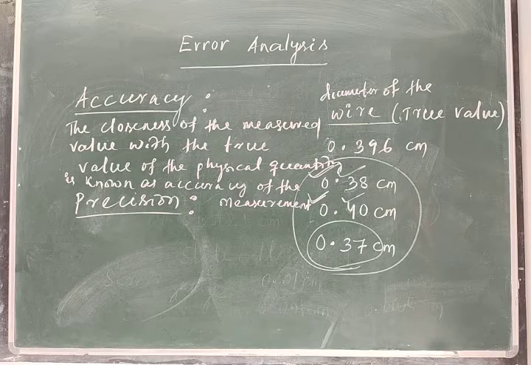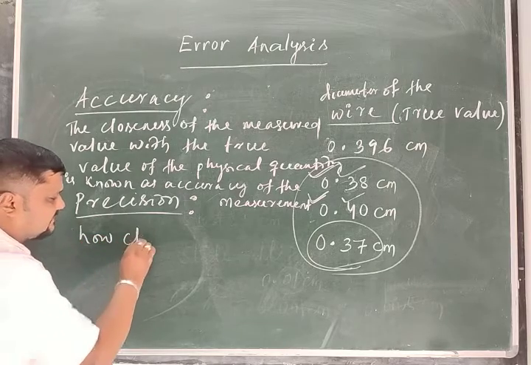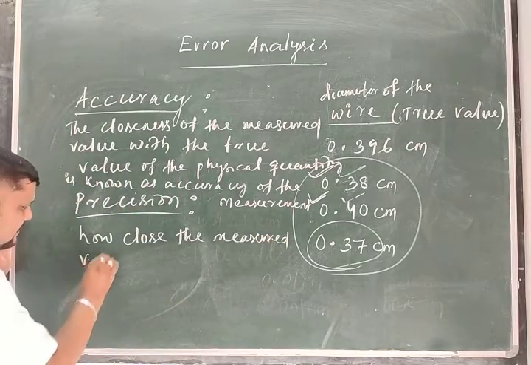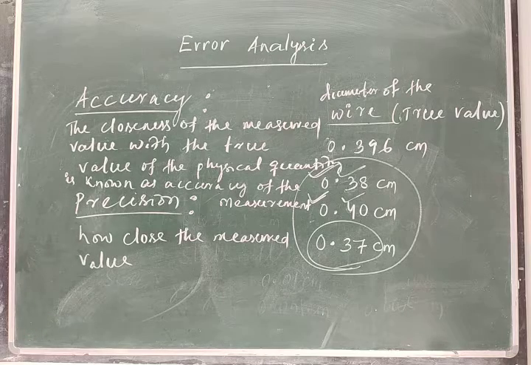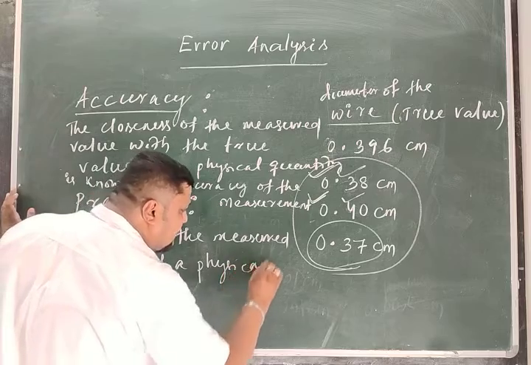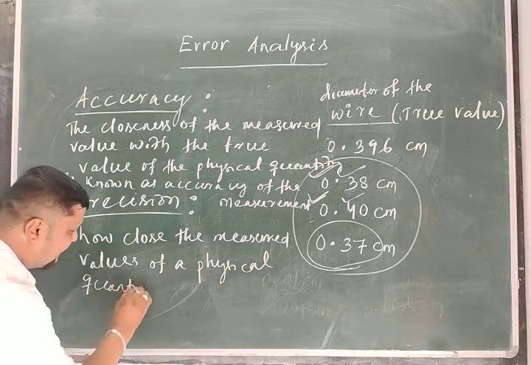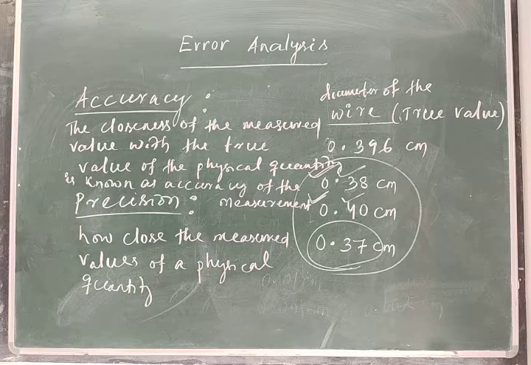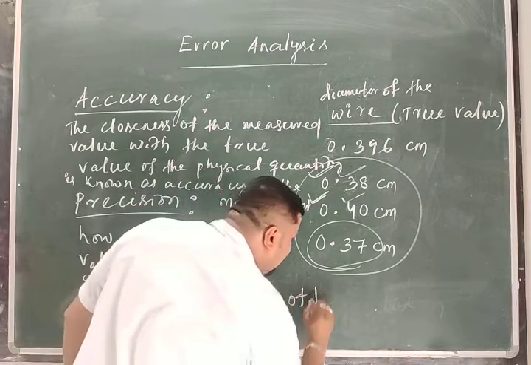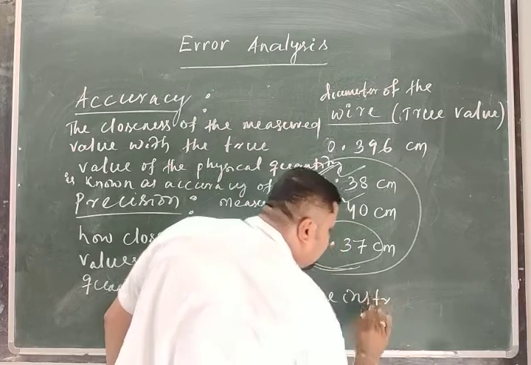Precision means how close the measured values of a physical quantity are to each other, measured with the help of the instrument.